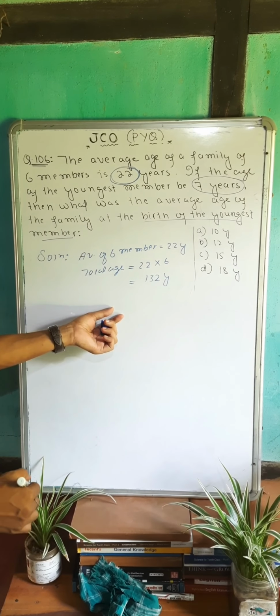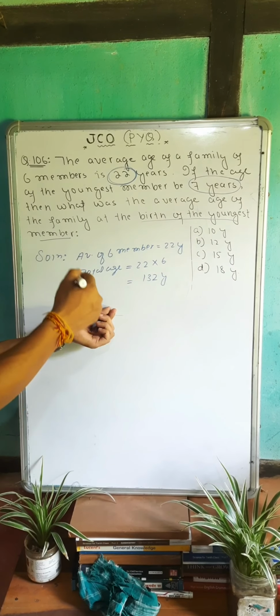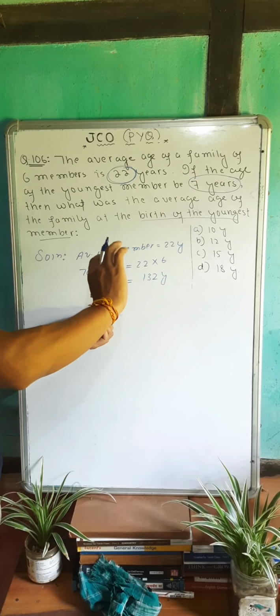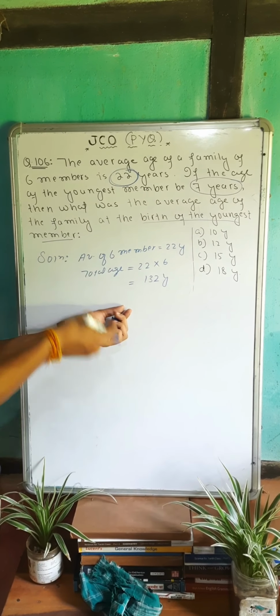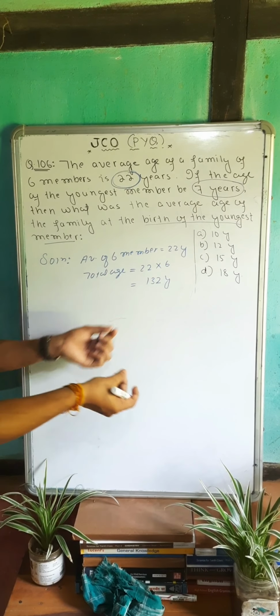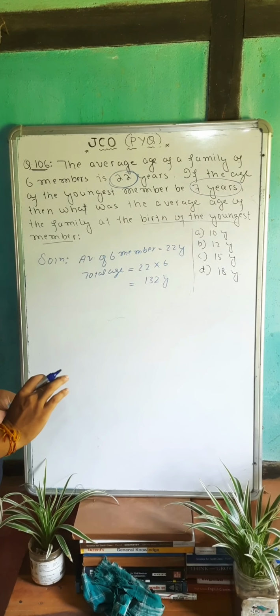Now we need to find what is the total age of family 7 years ago. If we need to find total age of family 7 years ago, then we need to subtract 7 years from each family member.